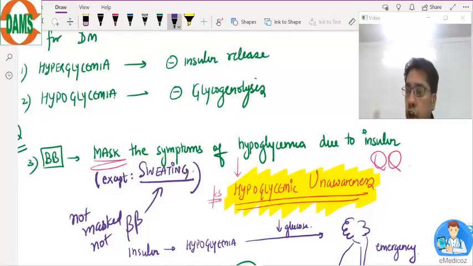Sweating is not masked by beta blocker because sweating is not because of beta receptor. Sweating is because of sympathetic cholinergic nerves. So this is the question very commonly asked.